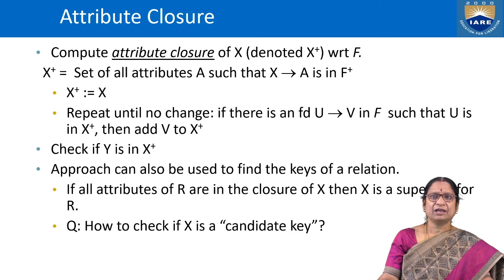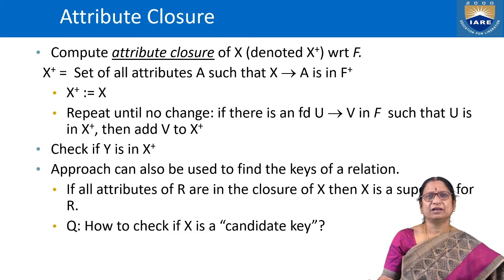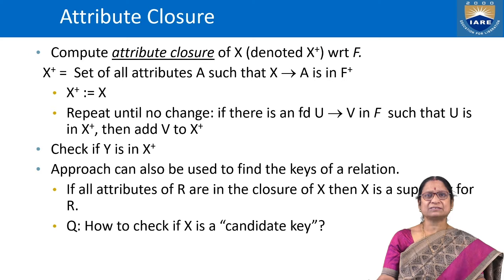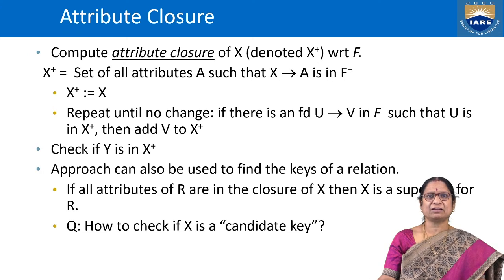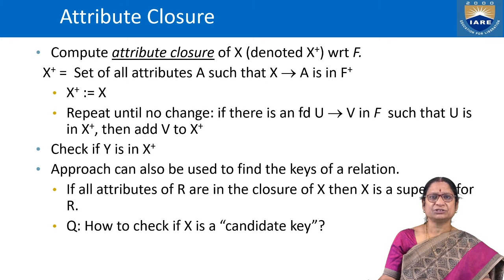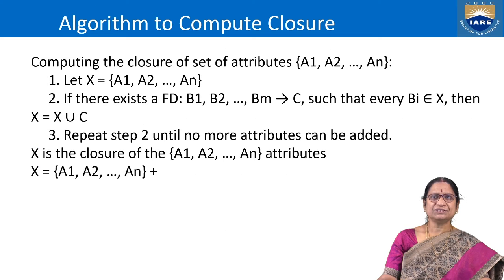This approach can also be used to find the keys of a relation. There are multiple uses of attribute closure, which I'll explain afterwards. But this process of calculating attribute closure will also help us generate the keys of a relation if we don't have an idea about the key. We will check how attribute closure is computed and when we will call it a key also.